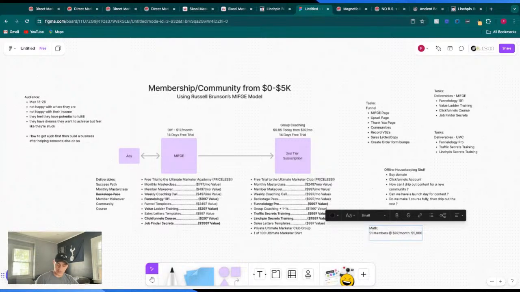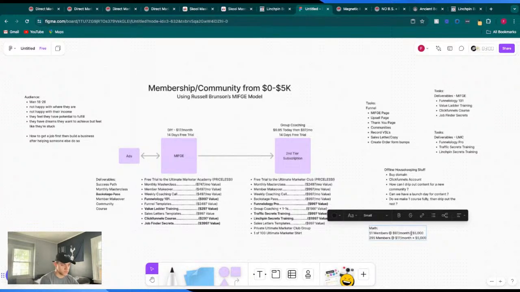Now 5,000 divided by 17 is 294. So 294 members. Well, it's actually 295, at $17 a month equals 5,000.